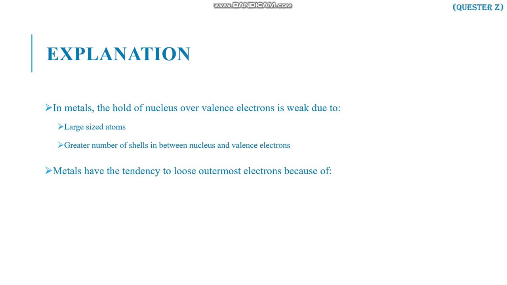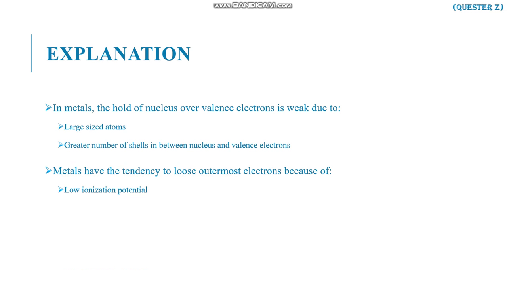So if the inner shells are greater, the hold of the nucleus will be less on the last electrons, those present in the outermost shell. So they have the tendency to lose electrons because they have low ionization potential. What is ionization potential? It is related to the ionization energy. Because the hold is very weak, the electron can easily be removed from the outermost shell.